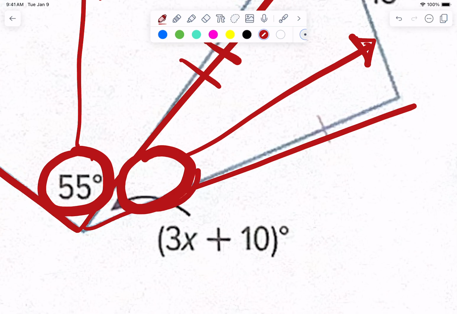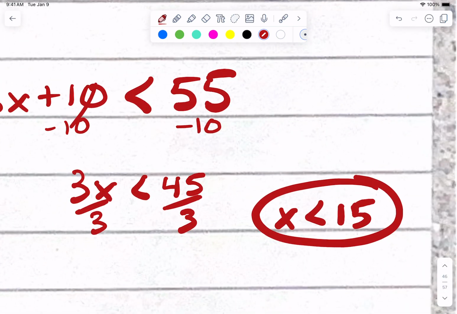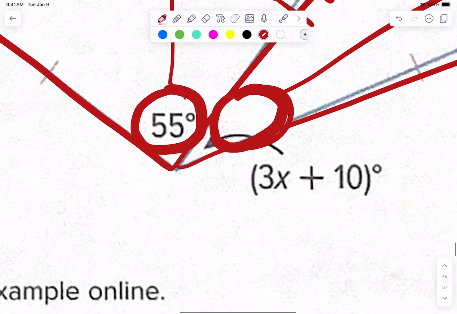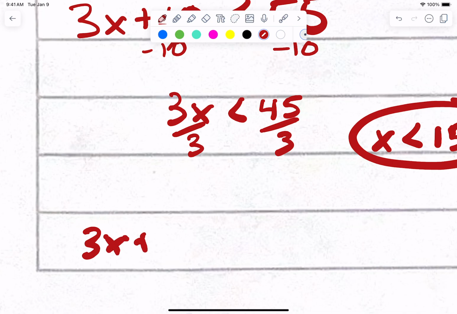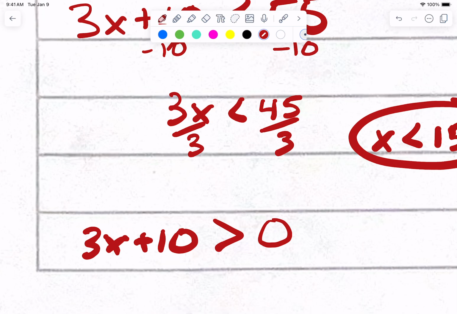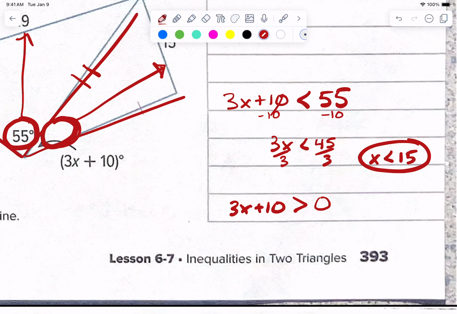So is there a minimum that this angle can be? Not a maximum. Is there a lowest value that this angle can be? 0, right? Now, 3x plus 10 has to be greater than 0, which means it can't be 0 exactly, right? It could be 0.1 or something like that. But it has to be greater than 0. So do you see how we're restricted by the 0 and the 180 also?